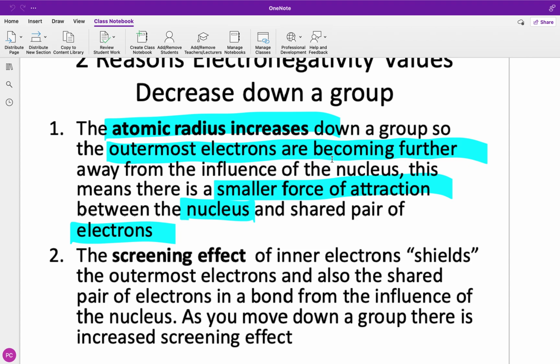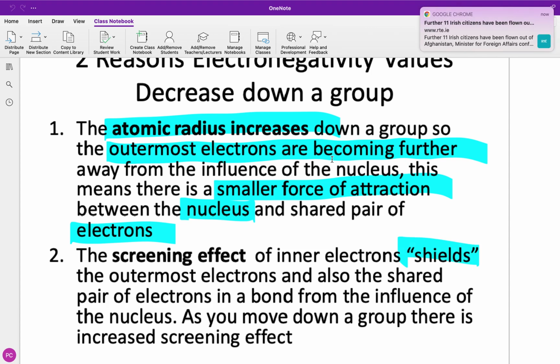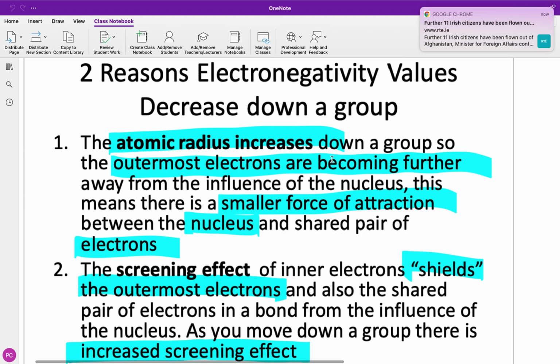Bigger atomic radius means lower electronegativity because of the shielding effect of electrons. So the screening effect shields the outermost electrons. So if you can remember this for atomic radius, it'll work the same for electronegativity. And therefore, there's increased screening effect, which means we have decreasing electronegativity.